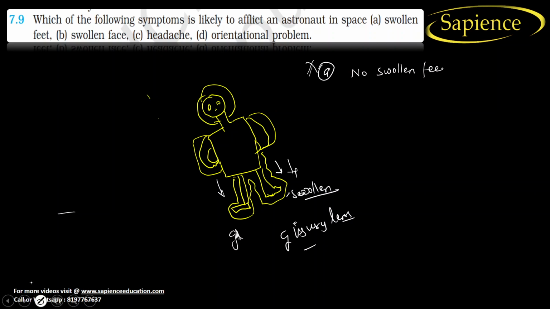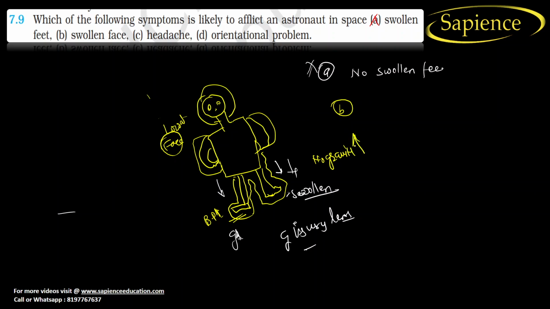Now let us talk about the B one. A is incorrect. B is swollen face. See here, if there is very high gravity, most of the blood pressure is high at the feet and low at the face. But when there will be no gravity, blood will flow to the face.